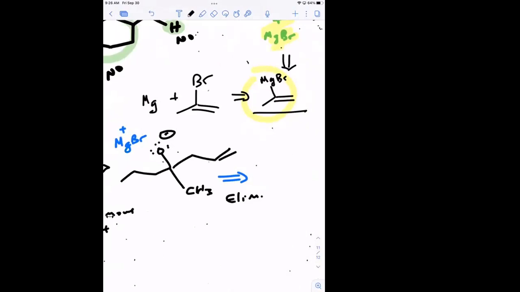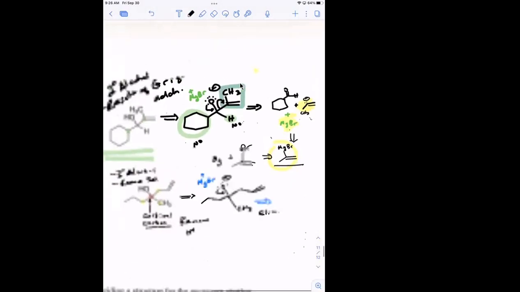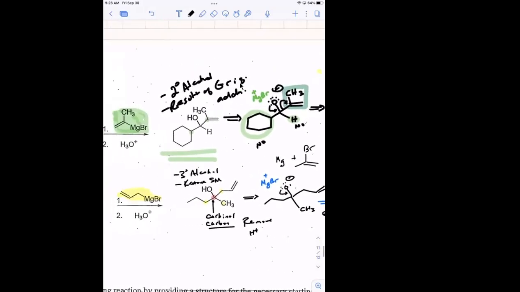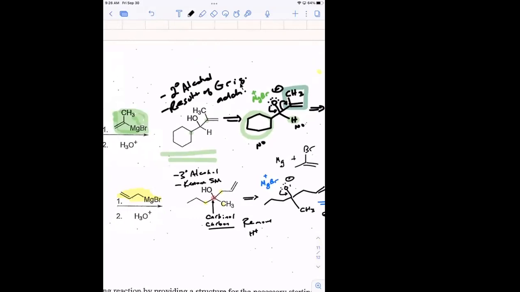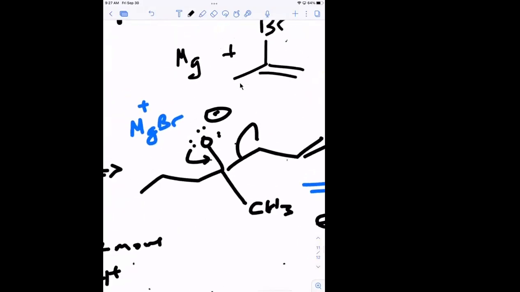Off the oxygen and breaking the carbon bond next to it. So I'm going to restore the pi bond. Is that right? Yes. And then I'm going to break the carbon-carbon bond, which will result in this piece falling off or being ejected, right? Because that's my Grignard. So I already know what Grignard to use.